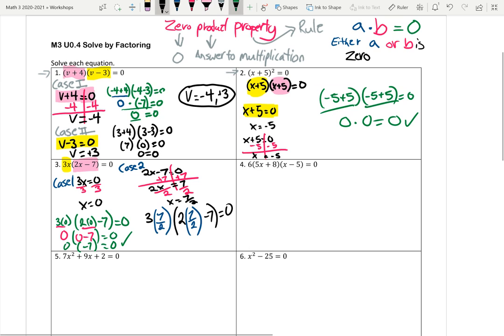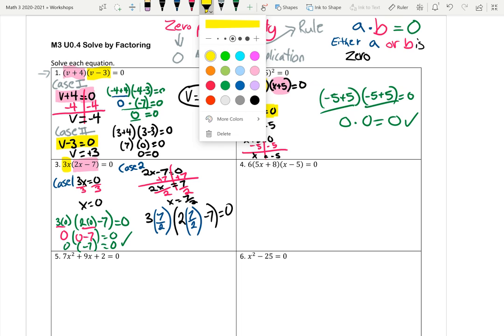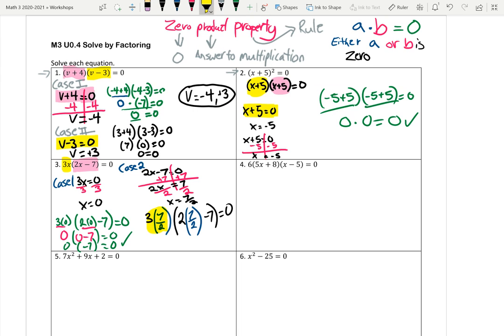So when you're multiplying fractions, let's go ahead and process this part on the left. You multiply the numerators and the denominators. The denominator of 3 is 1. So it's going to result in 21 over 2 being multiplied by, well, what is 2 times 7? 14 divided by 2 is 7, minus 7.